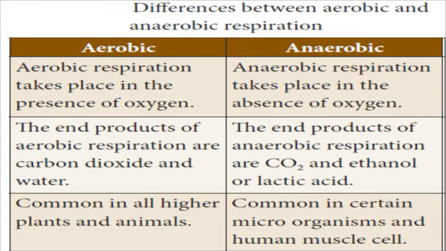Anaerobic respiration takes place in the absence of oxygen. The end products of anaerobic respiration are carbon dioxide and ethanol or lactic acid. Anaerobic respiration is common in certain microorganisms and human muscle cells.